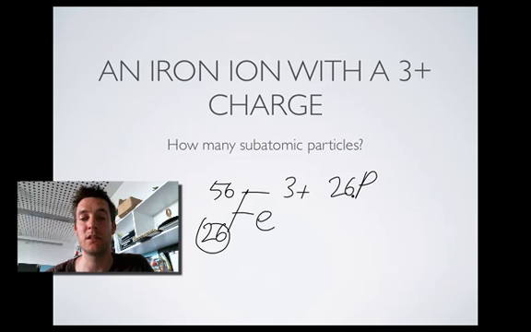It would normally have 26 to equal the protons, but it's lost 3, so 23 electrons. And this number minus that number is always the number of neutrons. This number has got nothing to do with electrons, so it doesn't matter if electrons are lost or gained. It won't affect the number of neutrons, so if we take that away from that, we're left with 30 neutrons.